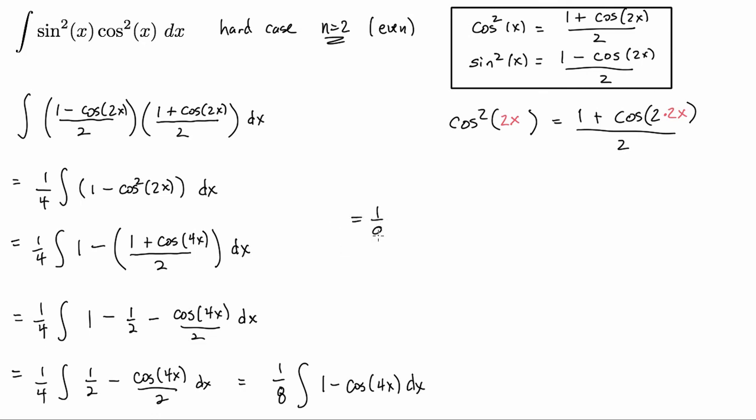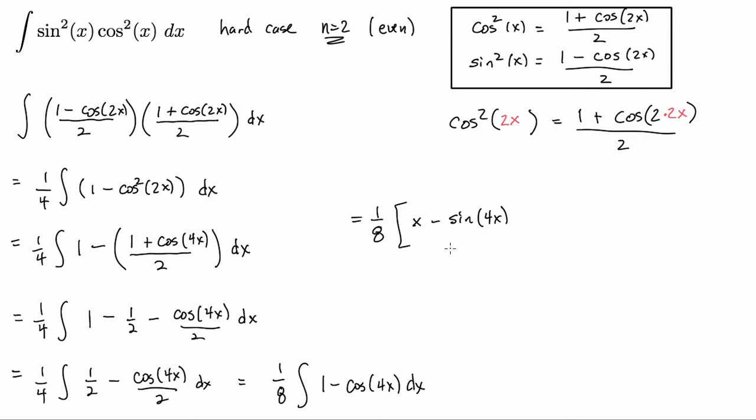So I'll finish that up here. We've got 1/8. If I take the integral of 1 with respect to x, that's just x. And then if I take the integral of cosine of 4x with respect to x, the integral of minus cosine is minus sine of 4x.